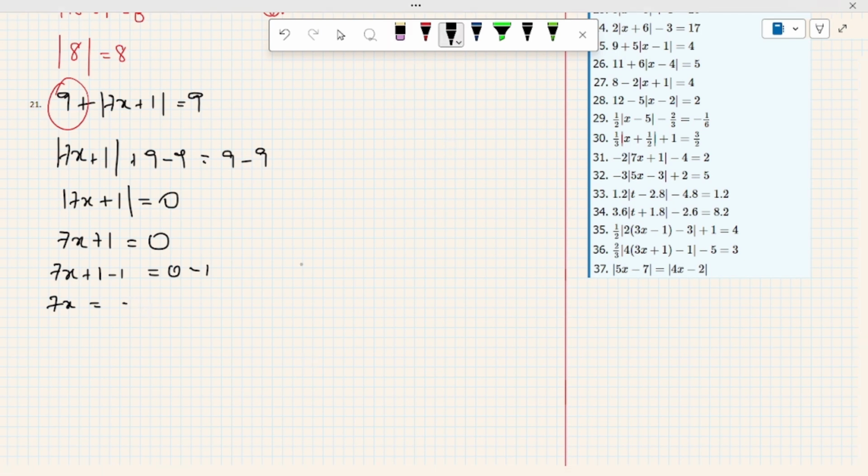You divide by 7, because you're looking for the value of x. So x is going to be equal to negative 1 over 7.